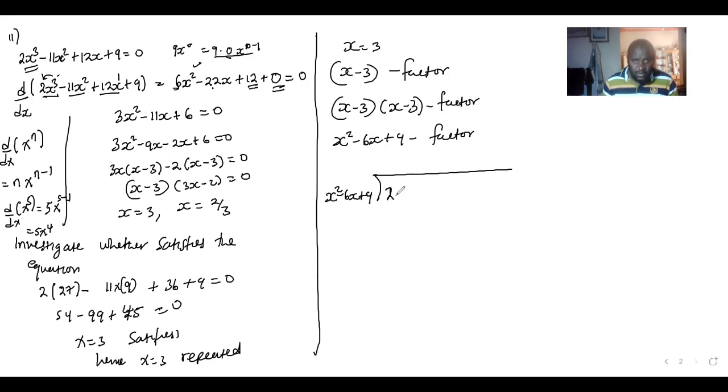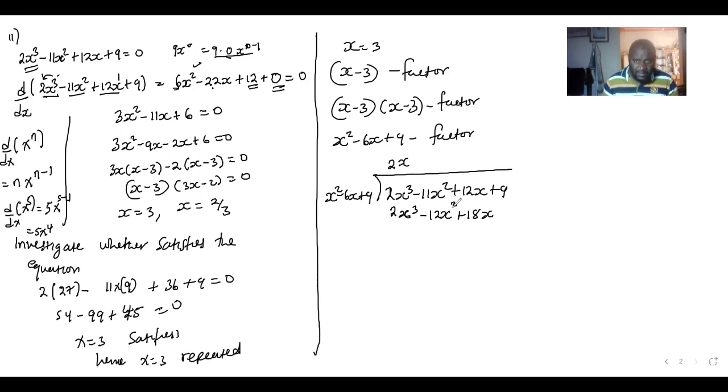So this is 2x cubed minus 11x squared plus 12x plus 9. This will give us 2x. This is 2x cubed minus 12x squared plus 18x.